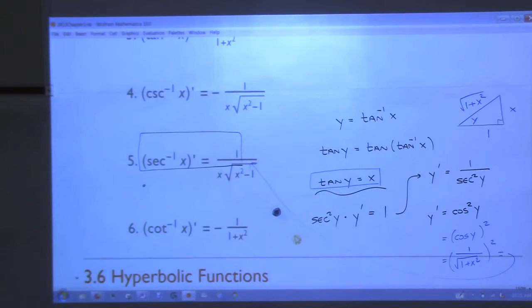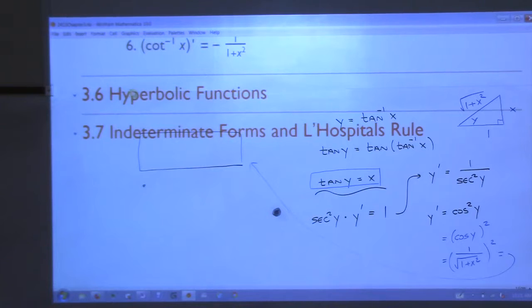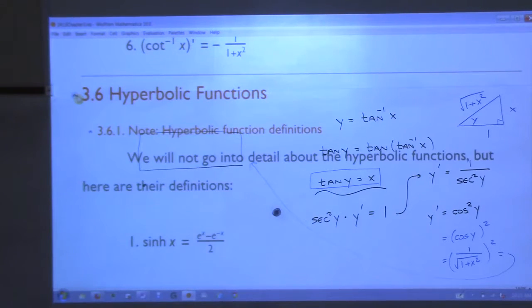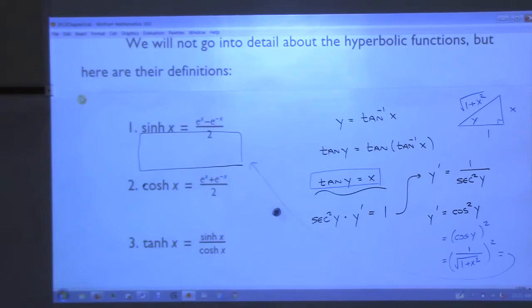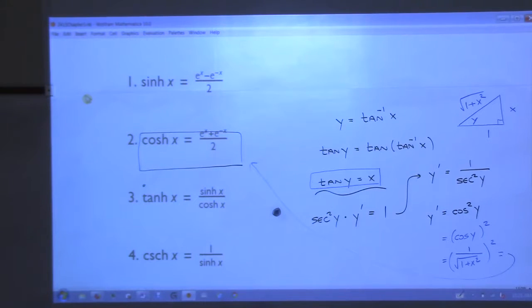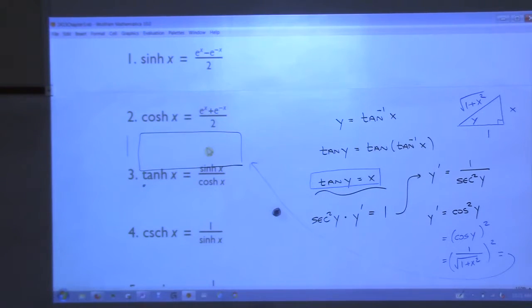In 3.6, we deal with the hyperbolic trig functions. You've never even seen a hyperbolic trig function? You have not seen a sine with a little h in it, right? Not in any class. So in Cal 2 you will. We talk about those.